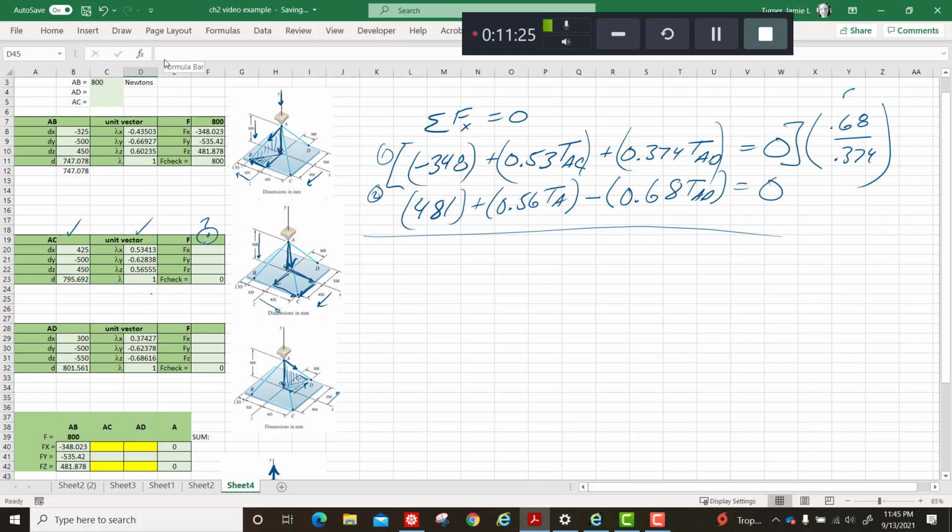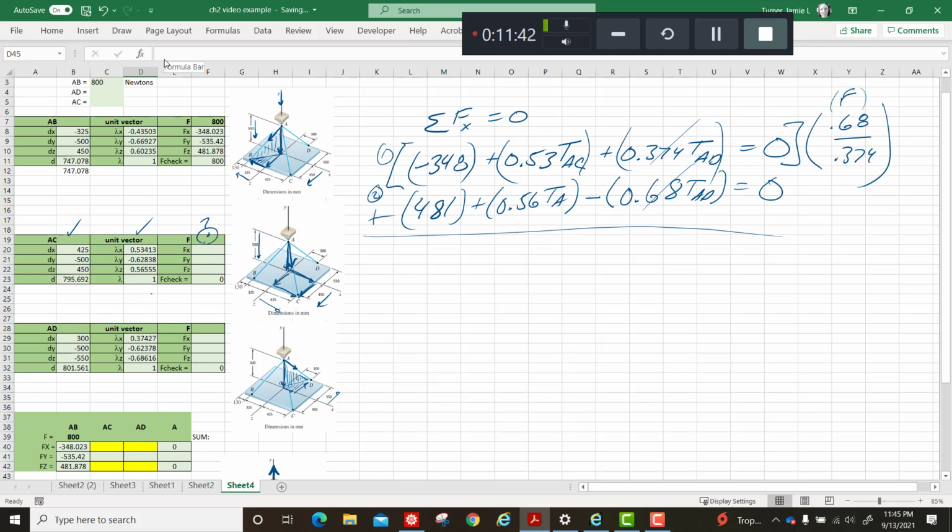So if I multiply this, then I'll get 0.68, 0.68. I'll be able to cancel this out. And if I add these 2 equations together, and I don't know how you were taught to do this kind of stuff in algebra, solve it however you want.